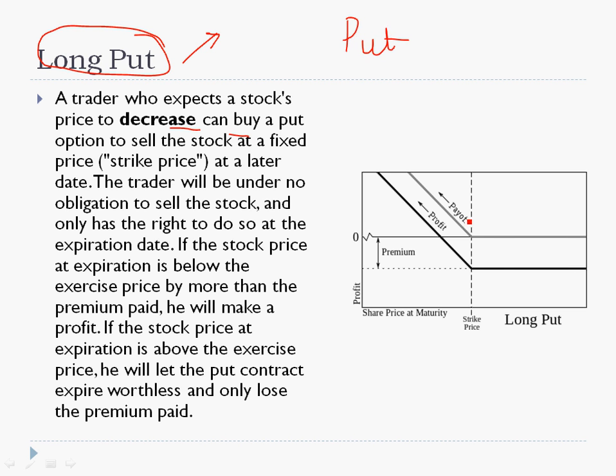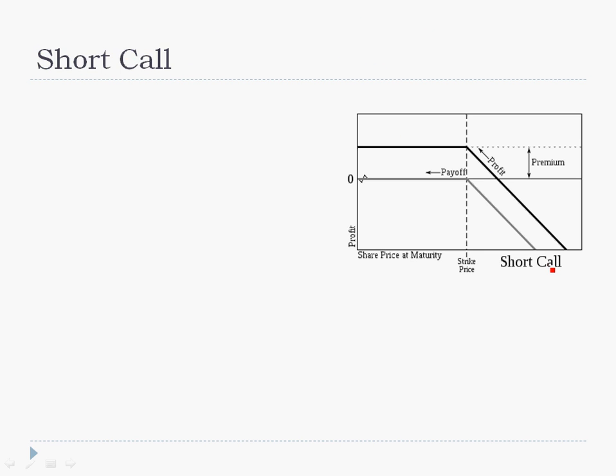So again my loss is limited to the premium, but my profits are unlimited, right? Just as with the call option. So for the put buyer the profits are unlimited but the losses are limited. Exact opposite would be the case with the writers of these options.